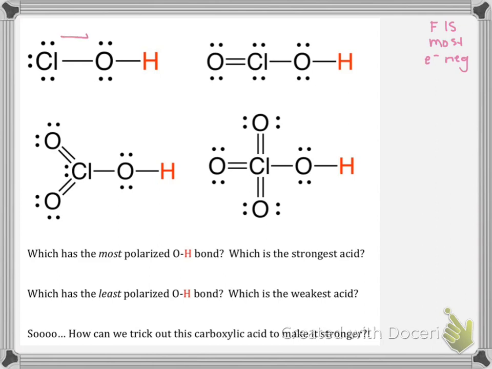So the electrons from the chlorine are going to be drawn toward the oxygen, and even more so is there a difference in electronegativity between the hydrogen and the oxygen. And so electron density is going to move toward the oxygen. Okay. And since this bond is the most polarized, that's the one that's going to break. And the hydrogen will dissociate off as H+.